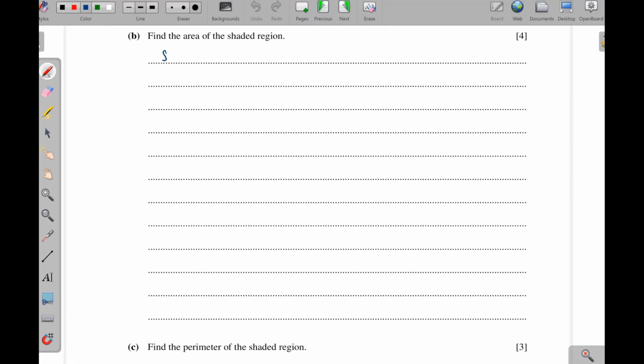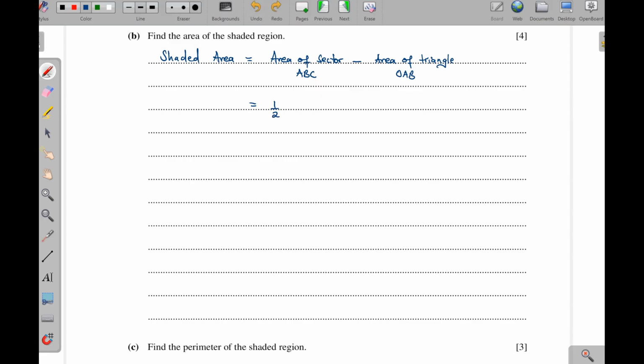So shaded area is equal to area of sector, the sector is ABC, then minus area of the triangle. The triangle is OAB.